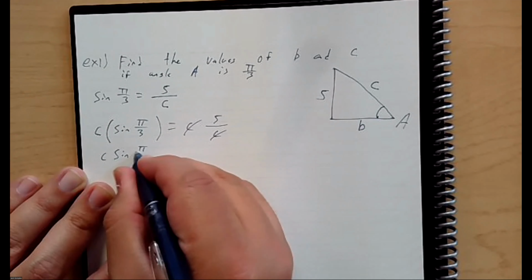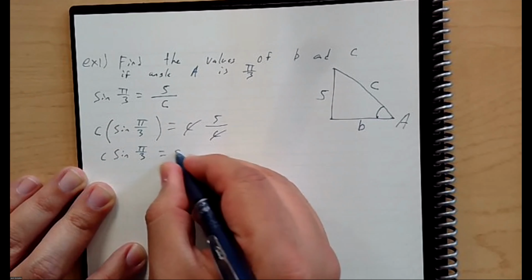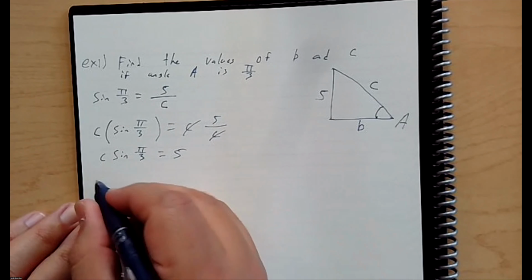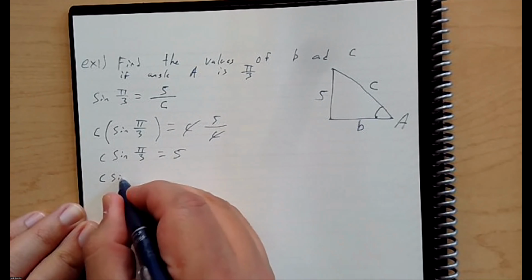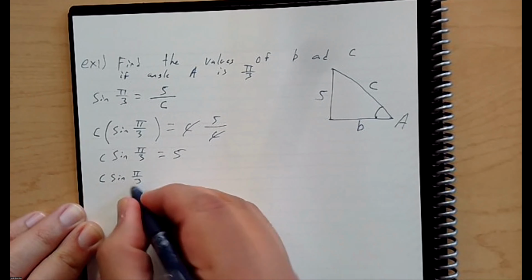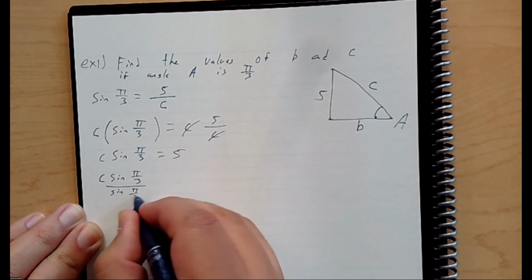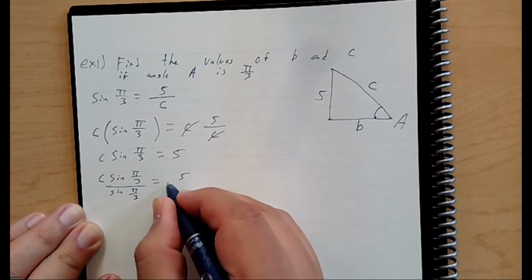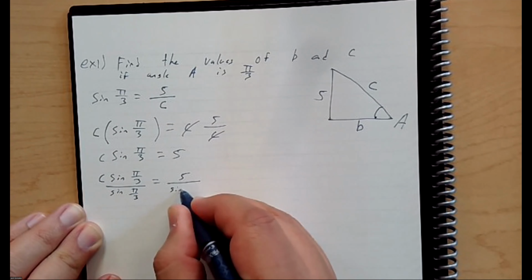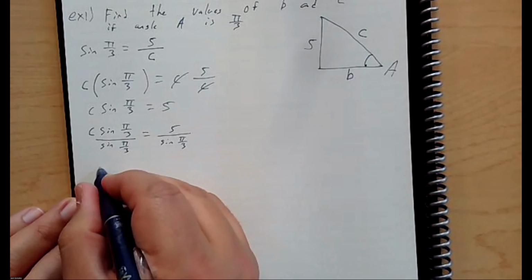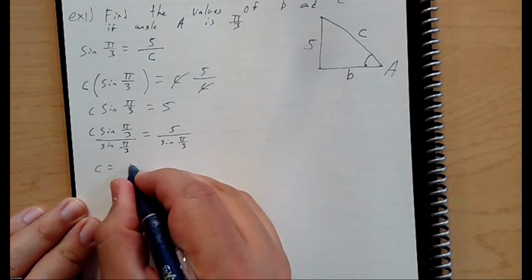Sine pi thirds is on the circle, right? It's some value. Divide both sides by sine pi thirds. Okay. So C is equal to this.